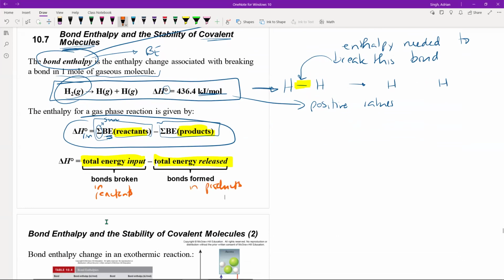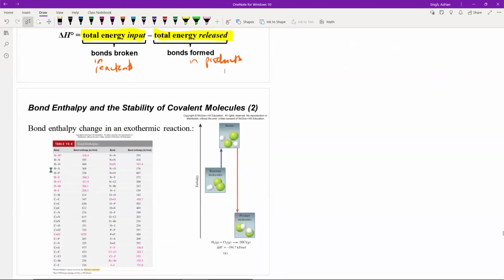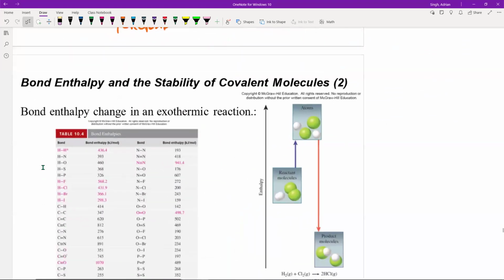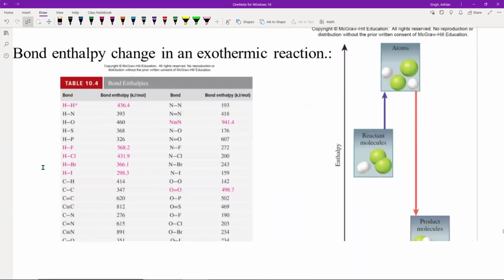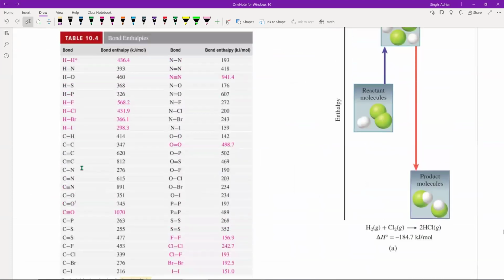So let's take a look at some examples of other bond enthalpies, and you'll see this table in your text in chapter 10. I believe in your appendix, there are some other bond enthalpies as well. And these are the most common types of covalent bonds you'll see. So we just looked at the hydrogen-hydrogen bond in H2, and that has a bond enthalpy of 436.4.